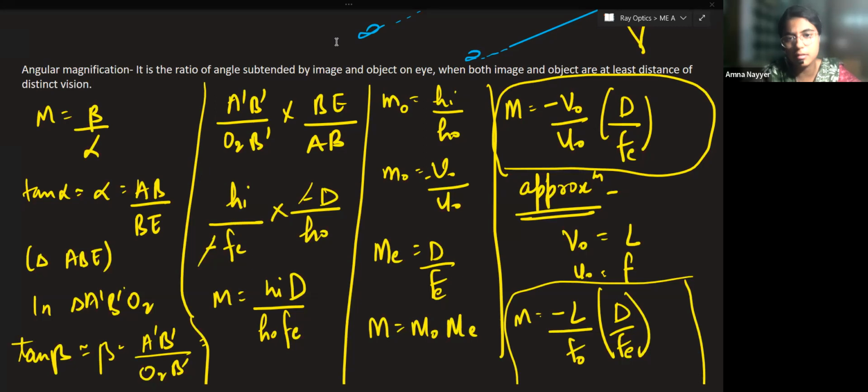Okay, Hiba has also answered. We had seen magnification was the ratio of two quantities, two angles basically.